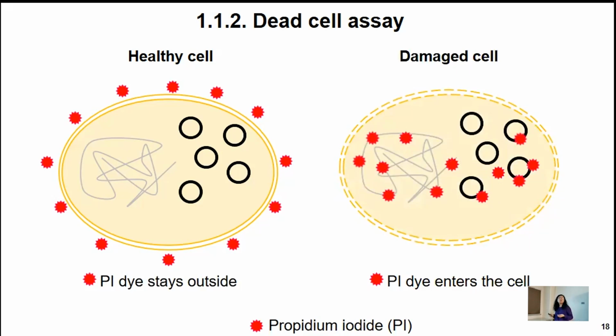Once it is bound, this will give a very high fluorescence intensity signal. Higher the signal, potentially because the propidium iodide is binding to the DNA. Lower signal, that means potentially the propidium iodide is outside of the membrane.